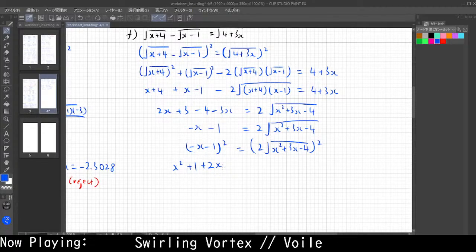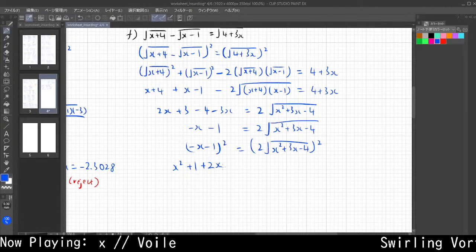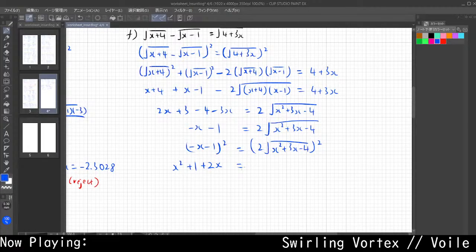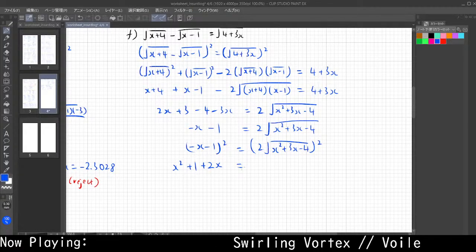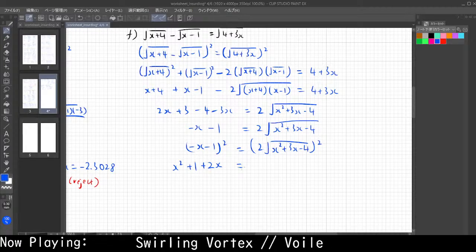This might be hard to see, but if you expand it and do it manually, you will get this as well. Because there's 2 minuses, they just cancel each other out when you go through the calculations. So you get plus 2x as your middle term.